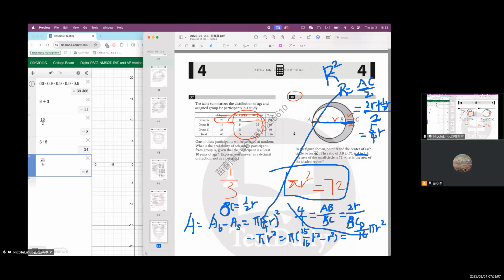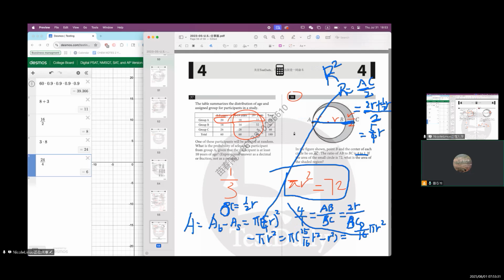Okay, so wait, let me stare at it a little. Yes. And remember, we know pi R squared is 72.